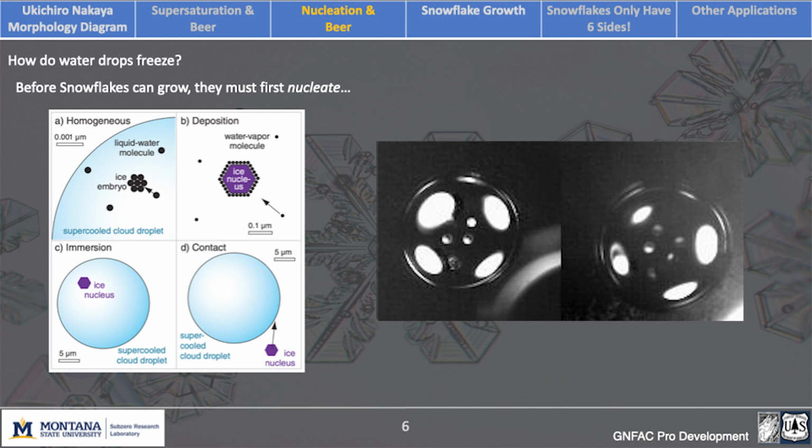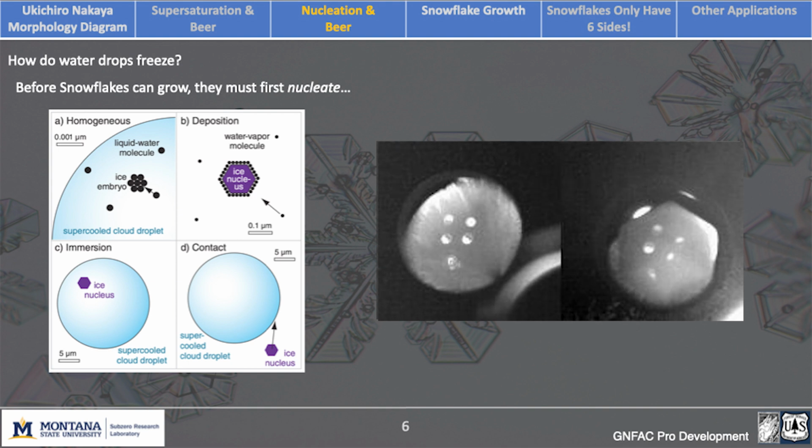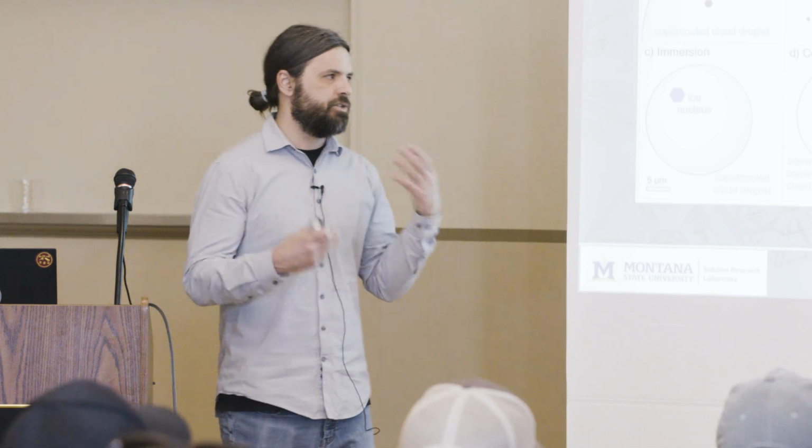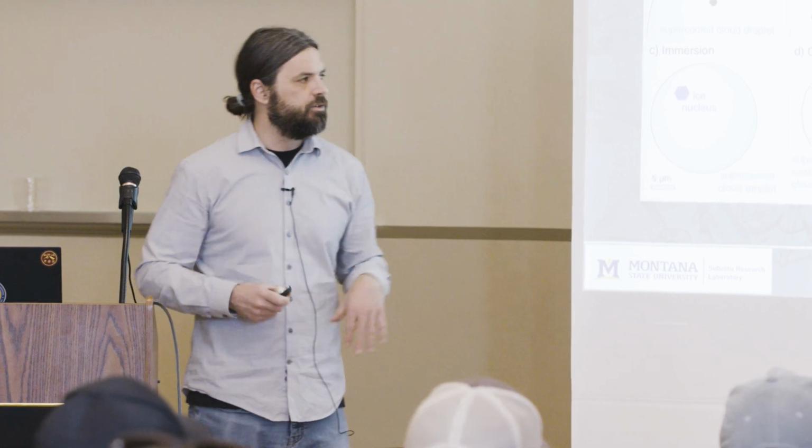I'll play that one more time. Another observation you can make, which is really cool, is that you see that hexagonal shape that grows out from the middle of the water droplet. That is the crystal structure of ice. So if that's how these liquid water droplets are freezing in clouds, you get the intuition that snowflakes are probably also single crystals, hexagonal particles, which they are.